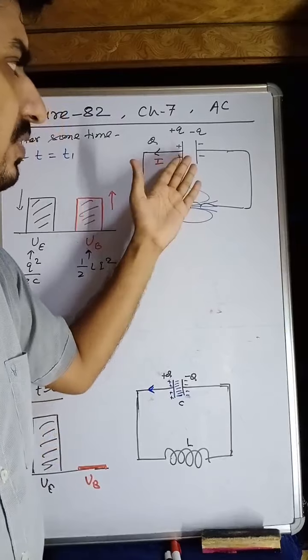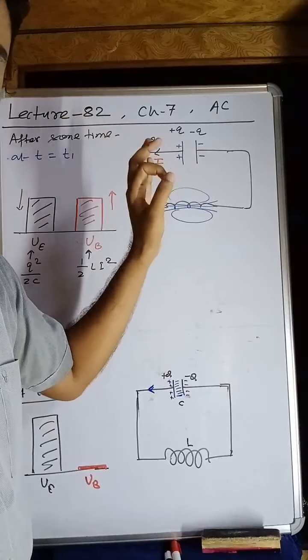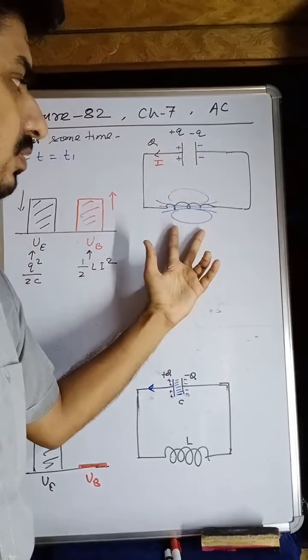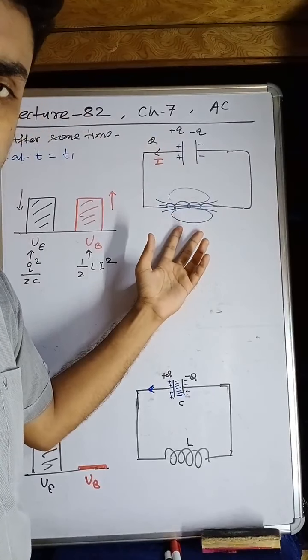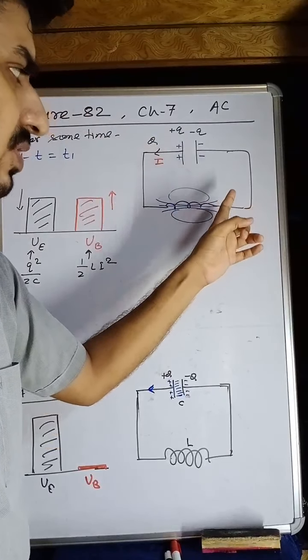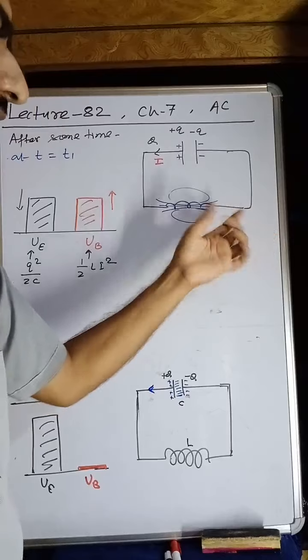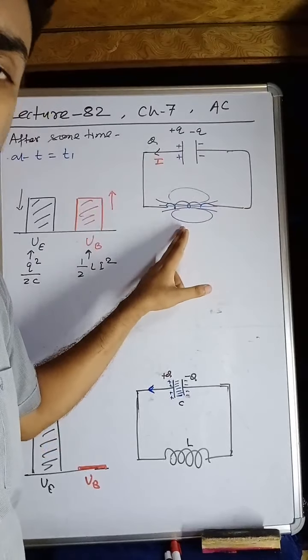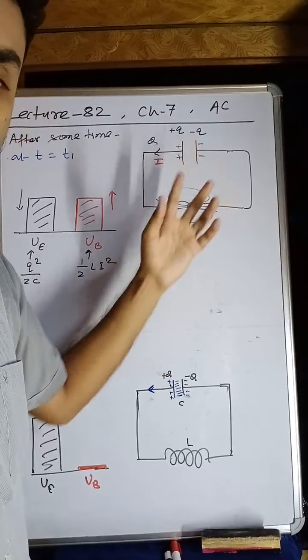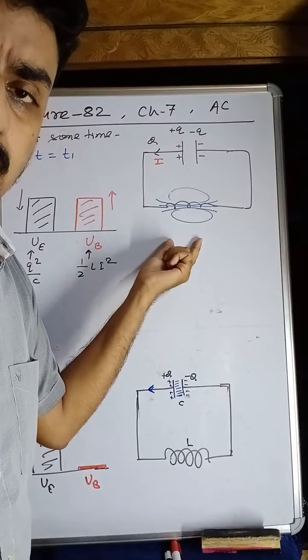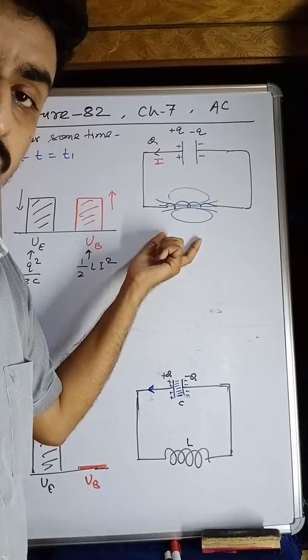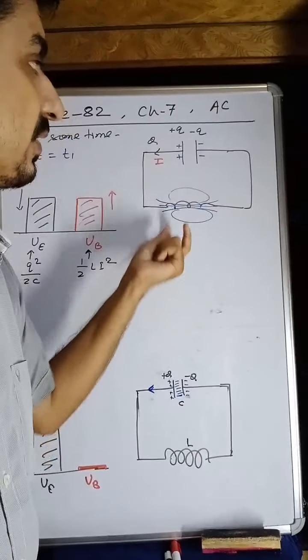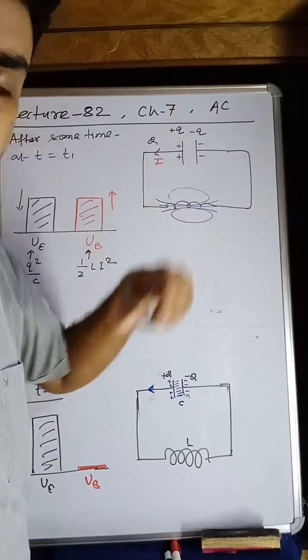After some time, when it is fully discharged, what happens? It will oppose the increase in current and start giving the reverse, that is the back EMF, and this will start charging the capacitor. It works as a battery, that is the source for the capacitor, and starts charging the capacitor again.